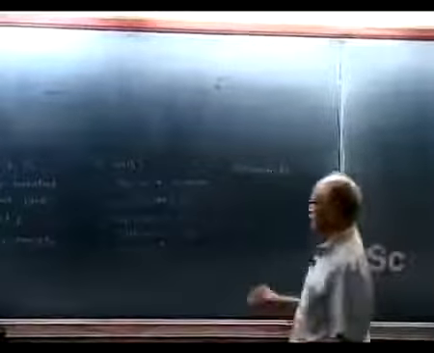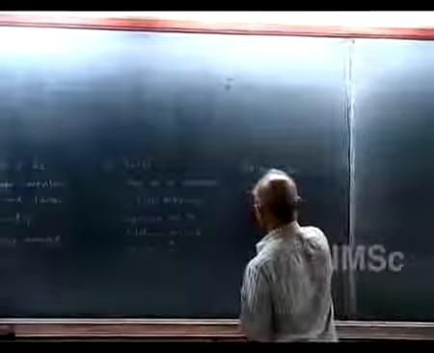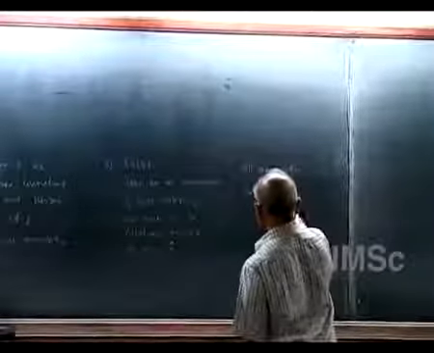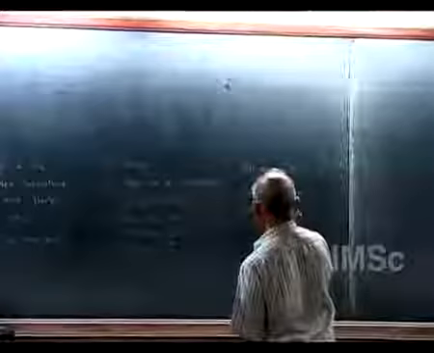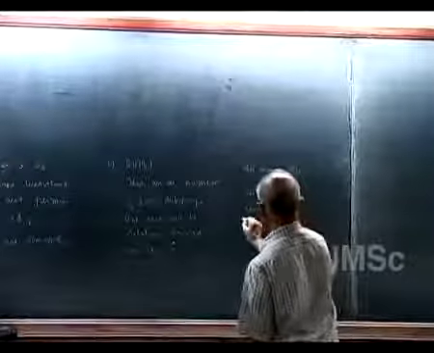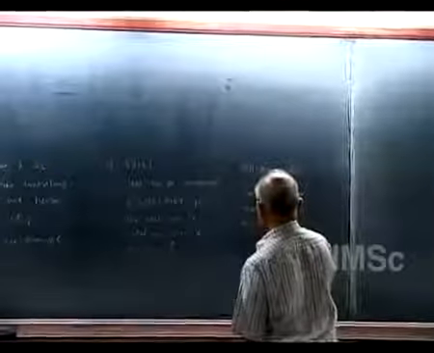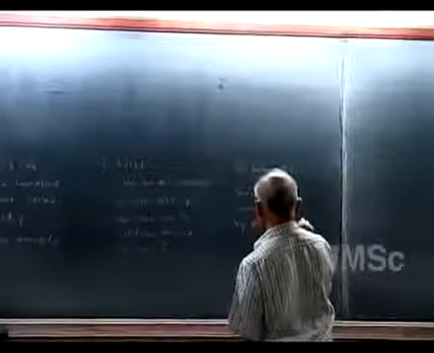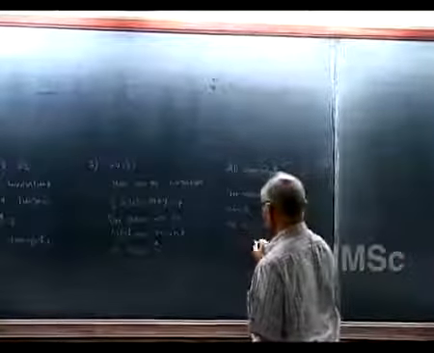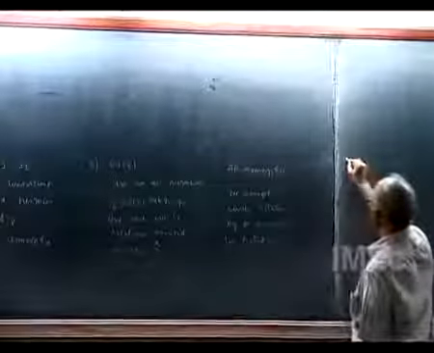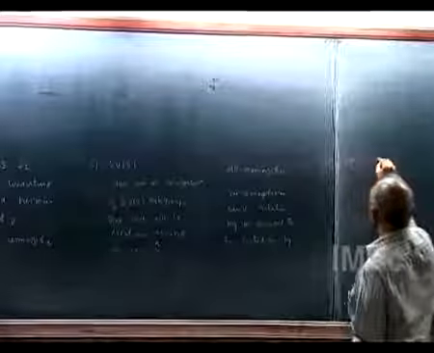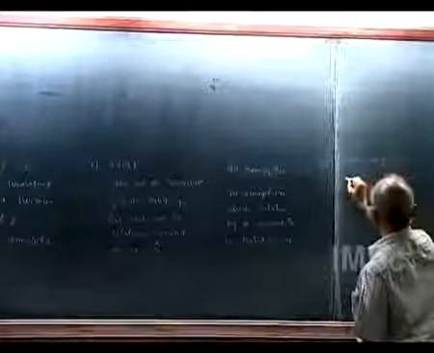The isomorphism is rotation by theta around n to the rotation by the same angle theta around m.